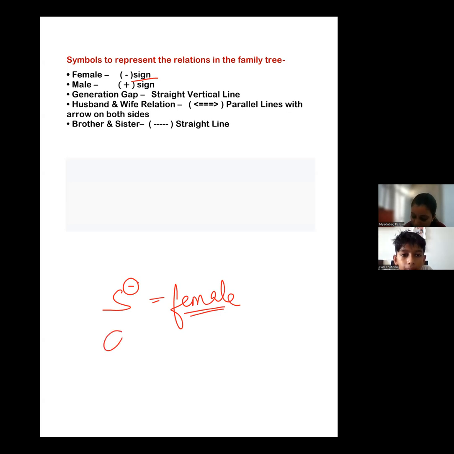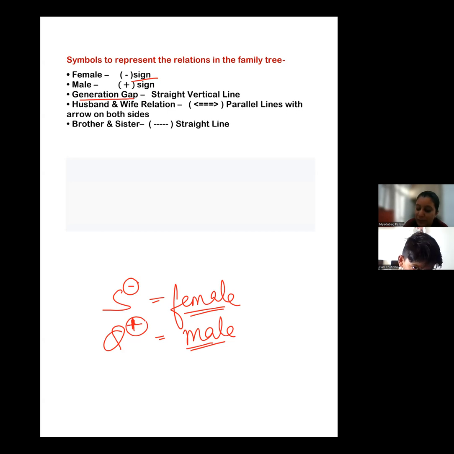Similarly, if I have to show that Q is the brother of R, I'll put a plus sign above Q. That means Q is a male.